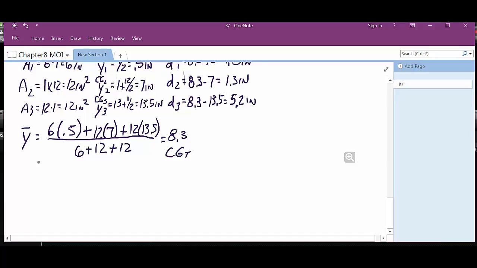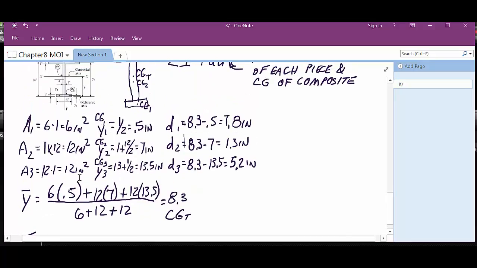So then to find the moment of inertia about this whole thing on the centroidal axis, we're going to take the moment of inertia of each individual piece. Oh, we didn't calculate that yet, did we? So we need the moment of inertia for each individual piece: 1, 2, and 3.